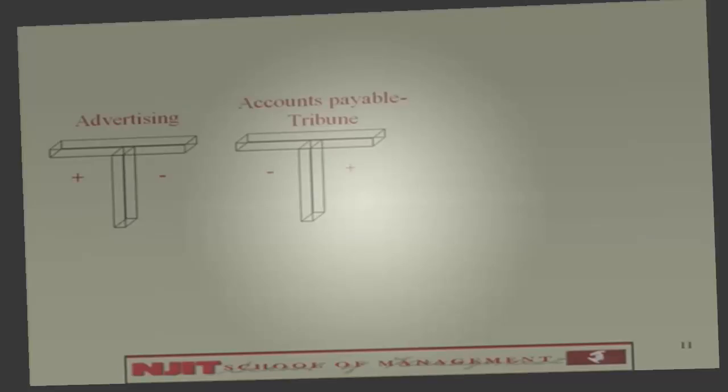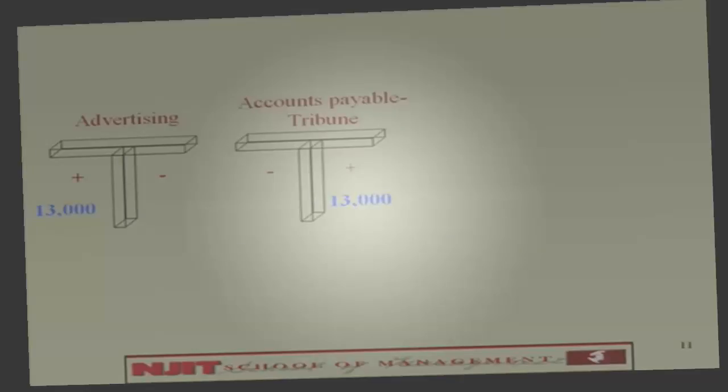Expense is plus minus. Accounts payable is a liability. Minus on the left, plus on the right. How are the transactions impacted? Advertising is plus $13,000 because you created an expense, and a liability is plus $13,000 because you owe money to the supplier.